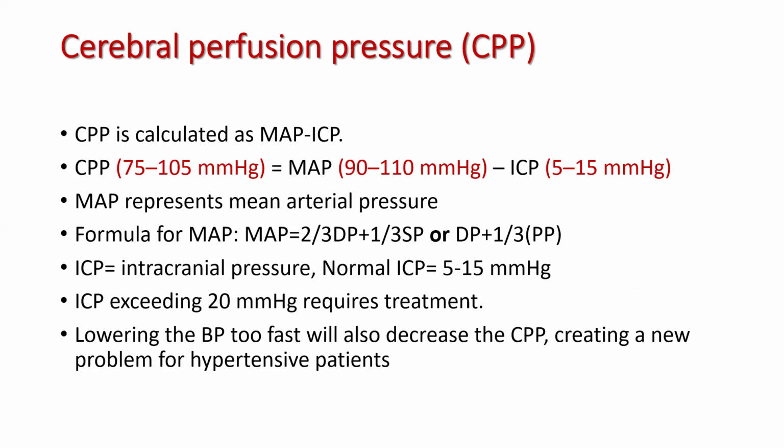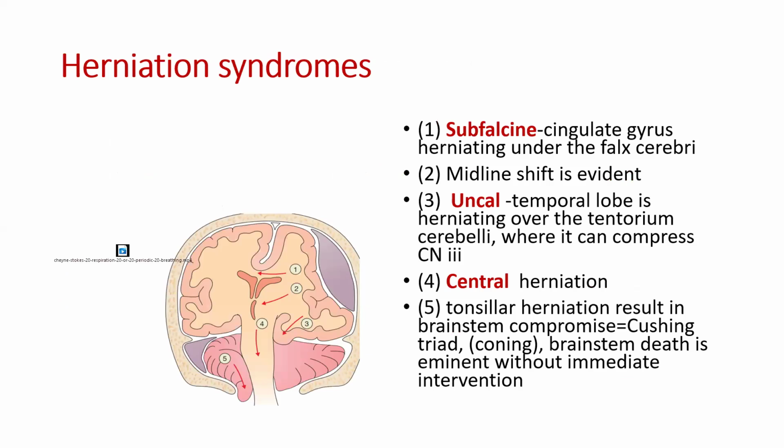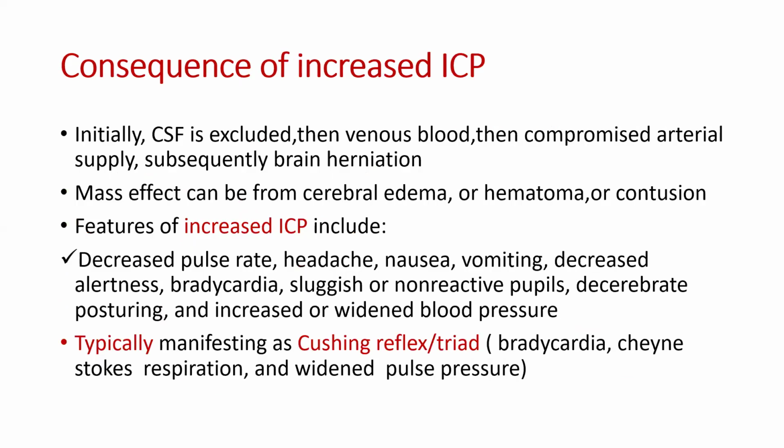Yes, doctor. I was talking about the consequence of the increased intracranial pressure. We said it can be from a hematoma, a contusion, or brain edema itself. The consequence is herniation, and we are going to look at the herniation syndromes.